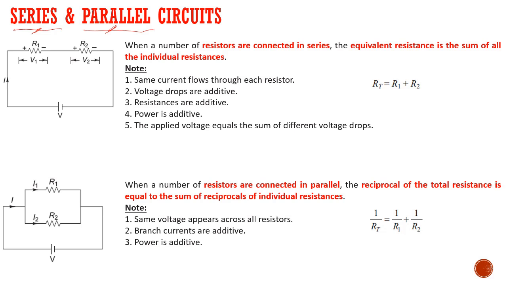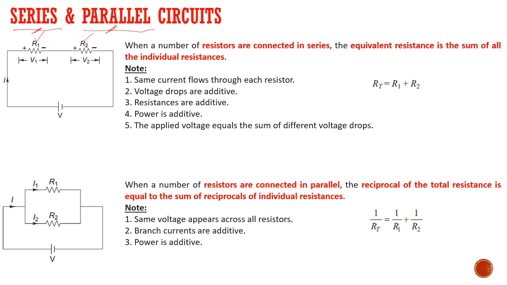So the first one, series combination. Let us consider R1 and R2. Two resistors are there. If these two resistors are connected in series, it means the same amount of current should flow in these two resistors.